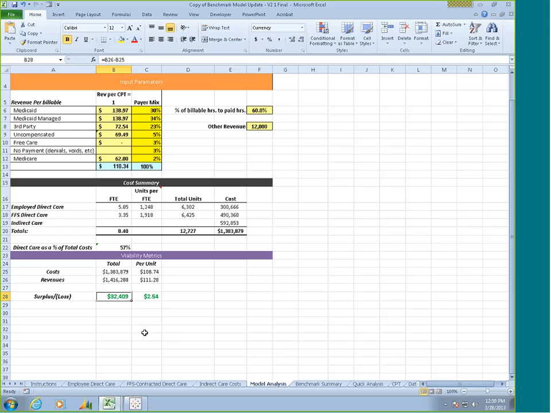So an 8% variance on the percentage of billable hours to paid hours generated almost a $100,000 swing in your revenue generation. That's why I talk about it being a sensitive variable in terms of the model and in terms of what the model reflects, which is reality. It becomes extremely important that you be able to use the tool to determine what that number is going to be.